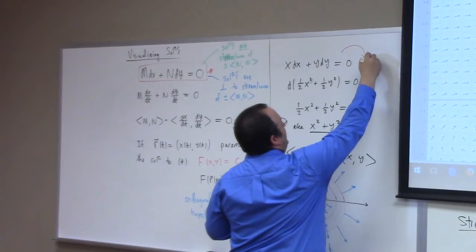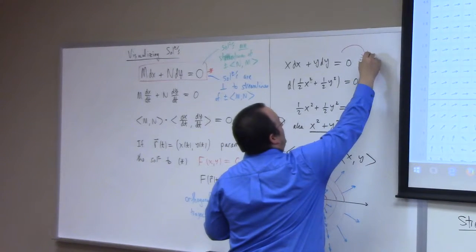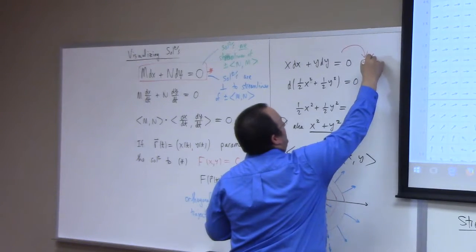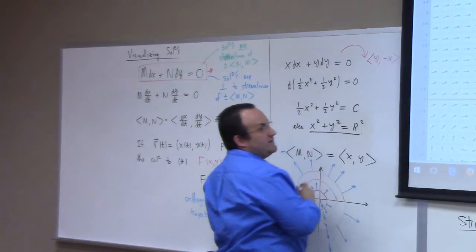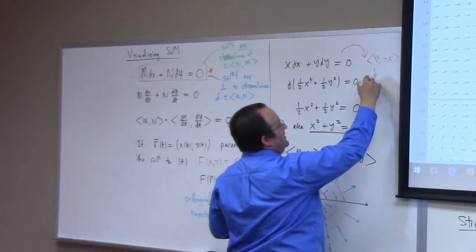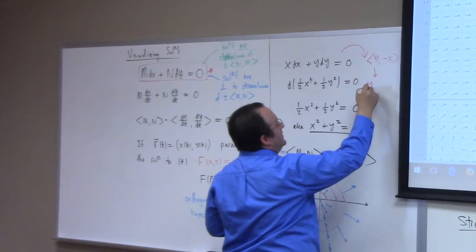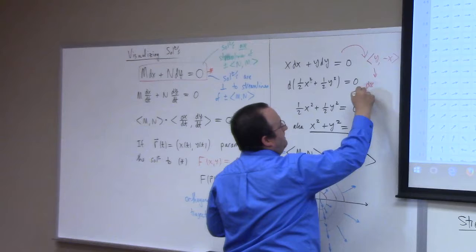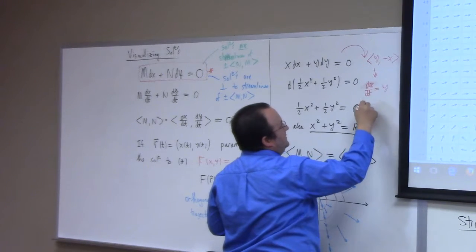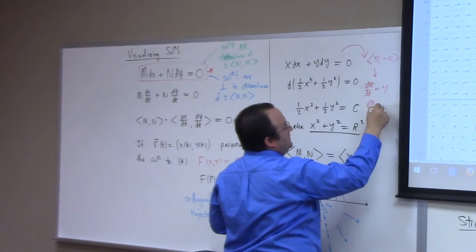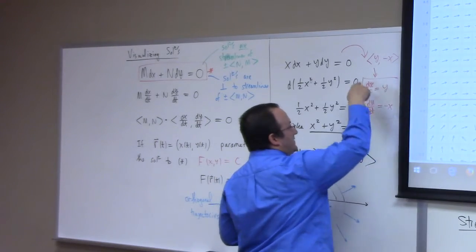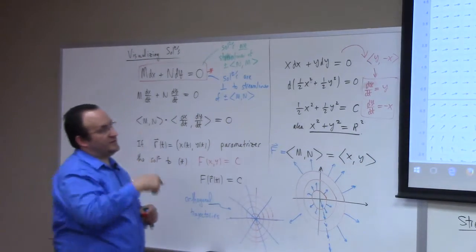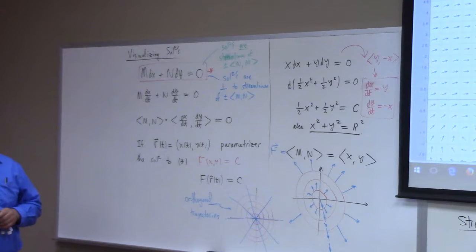Say y, minus x, something like that. So I would look for dx/dt equal to y and dy/dt equal to minus x. Solutions to this should be streamlines to the vector field y, minus x, which in turn should be solutions to the x dx plus y dy differential equation.